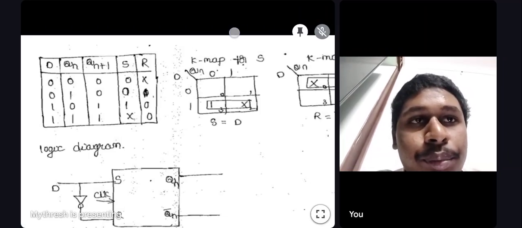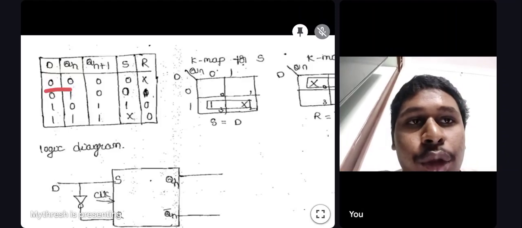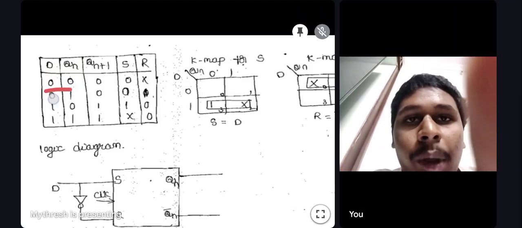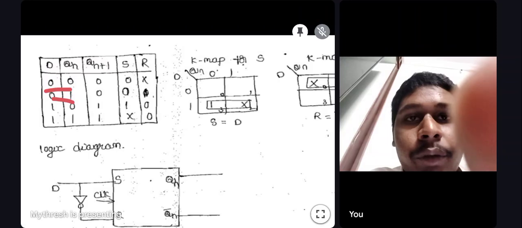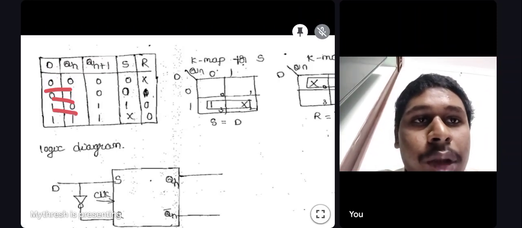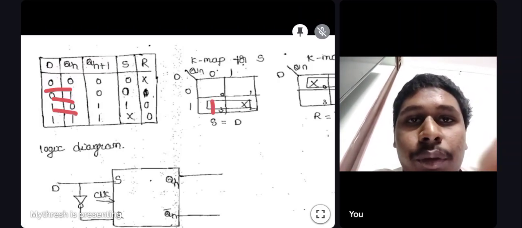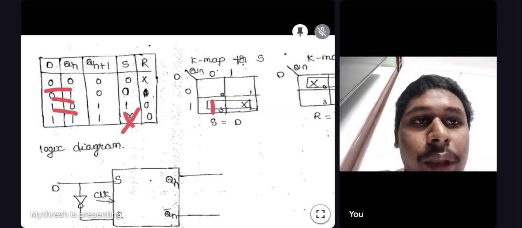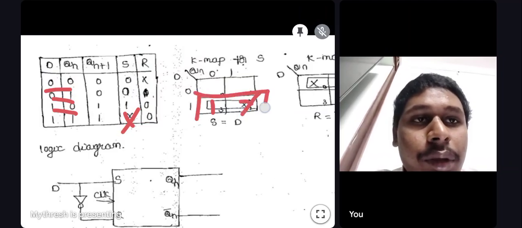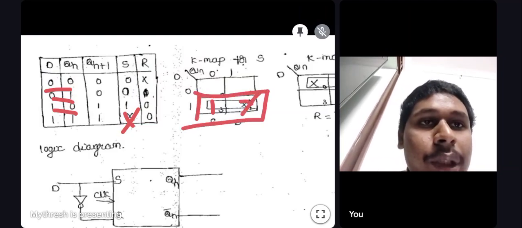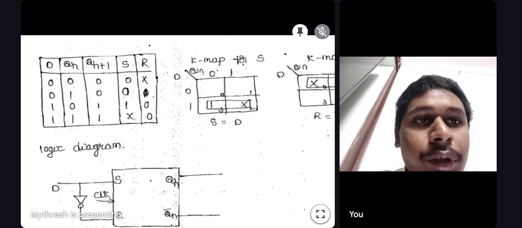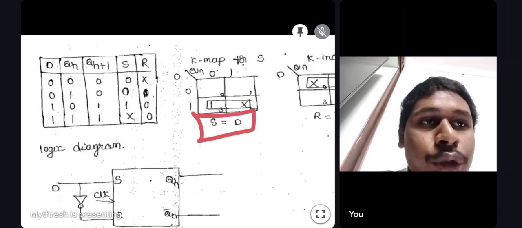For 0 0, S is 0, so we will not write anything. For 0 1, S is 0, so we will not write anything. For 1 0, S is 1, so we will write 1. For 1 1, S is don't care, so we will write don't care. The pairing will be like this. After solving, we will get S equal to D.